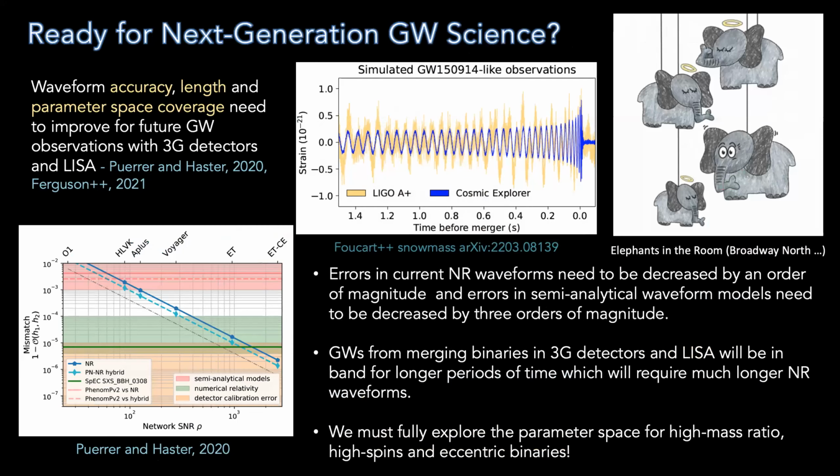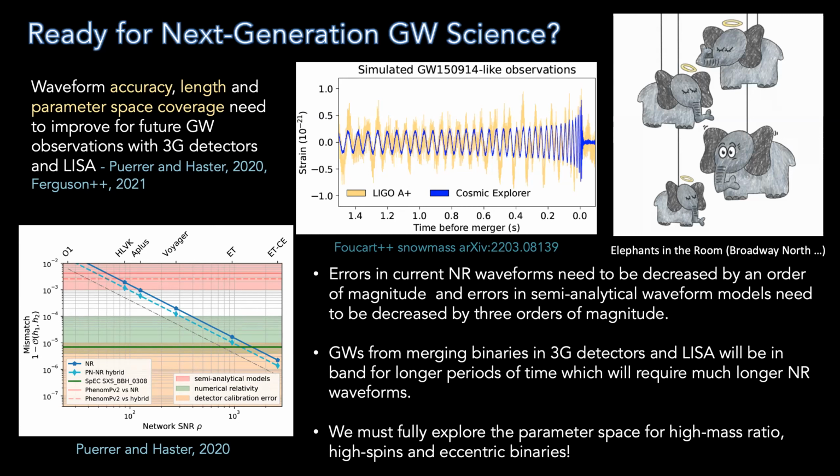Okay, so are we ready for the next generation science though? Well, the waveform accuracy, length, and parameter space coverage really need to be improved, right, for the future observations, because the signal to noise ratio will be so much greater. So the errors in the current numerical relativity waveforms, it has been shown in this paper by Purrer and Haster, have to be really decreased by an order of magnitude.